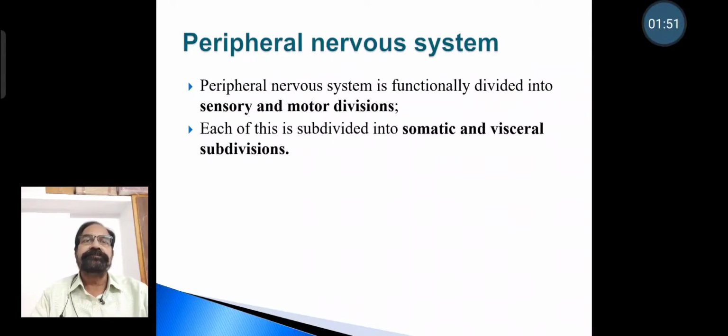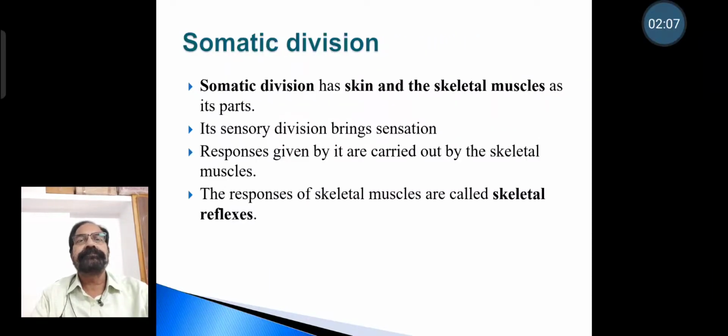Peripheral nervous system. Peripheral nervous system is functionally divided into sensory and motor divisions. Each of these is subdivided into somatic and visceral subdivisions. Somatic division.